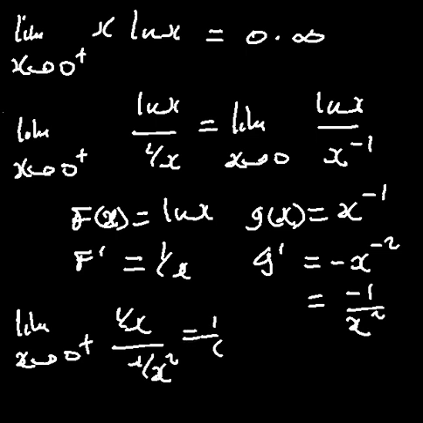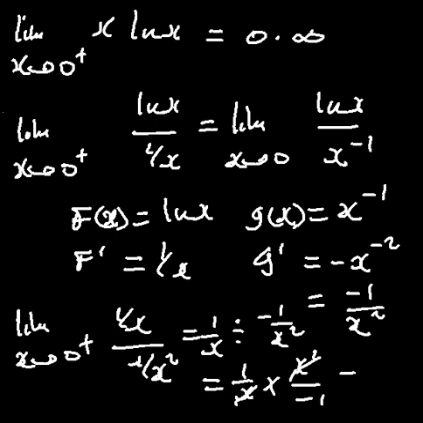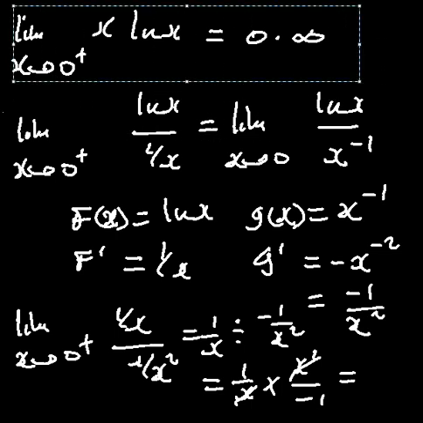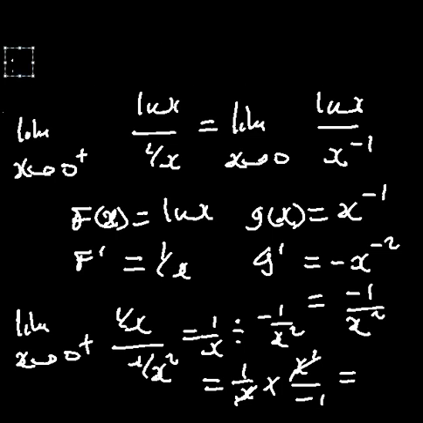This is the same as 1 over x times x squared divided by negative 1, of which we cancel, and we now have the limit as x approaches 0 from the right of negative x. Now the direct substitution will give us 0. That is the limit.